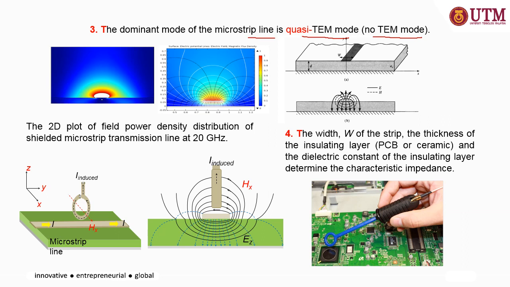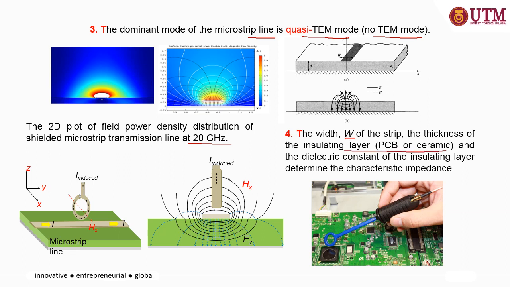The figures show the 2D plot of the field power density distribution of a shielded microwave transmission line at 20 GHz, and the size of the structure or the microstrip line in terms of the width of the strip and the thickness of the insulating layer, PCB or ceramic.